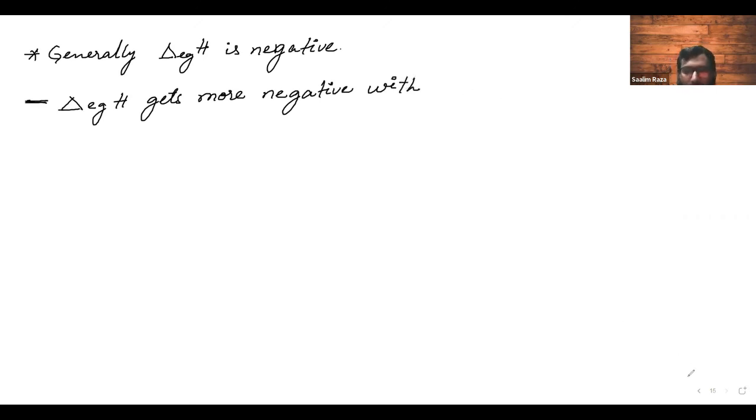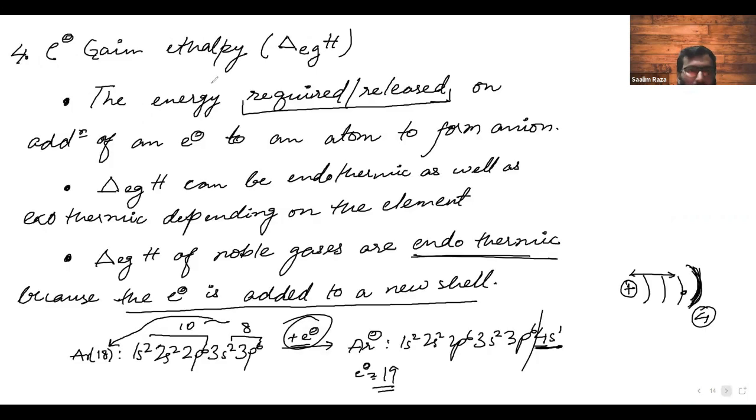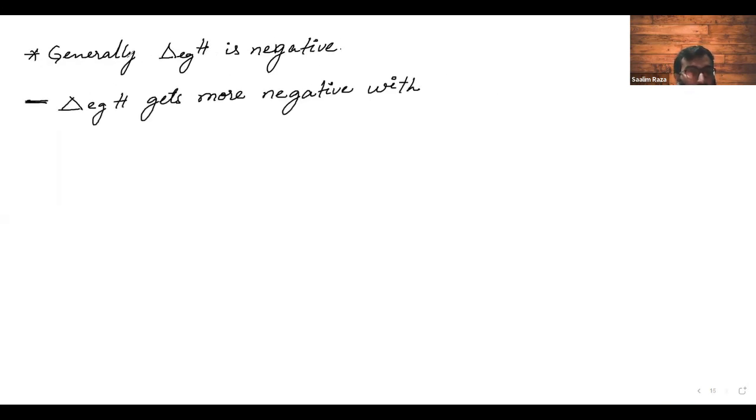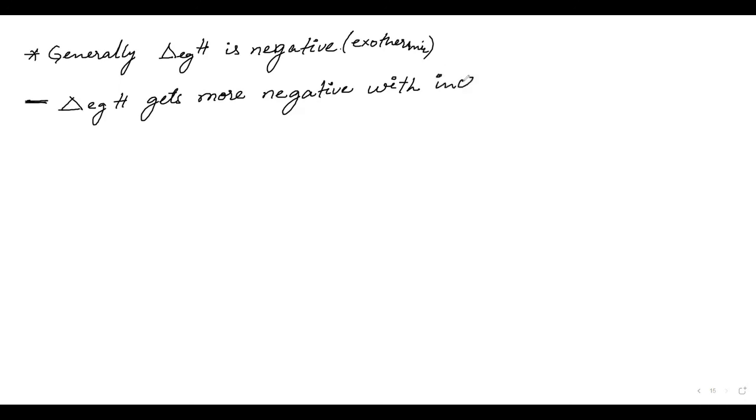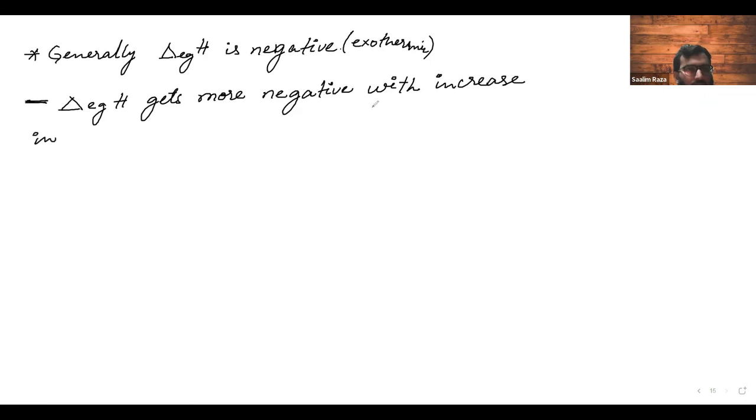Okay, wait a second. Do you have any confusion in this statement? Do you have to explain generally EgH is negative, how it is negative? And if I say negative, it is exothermic. EgH will be more negative with increase in atomic number.